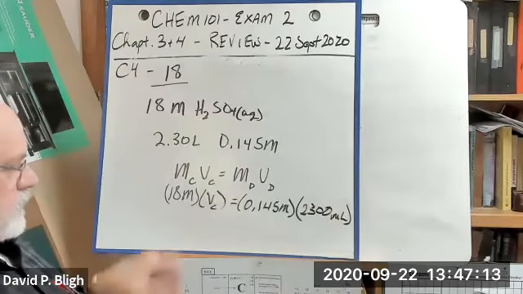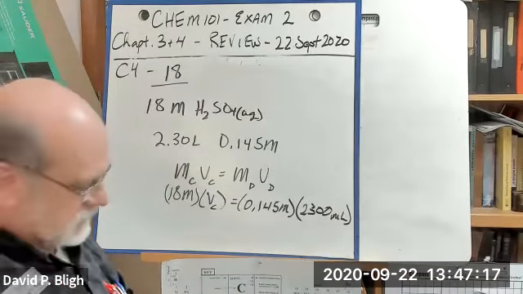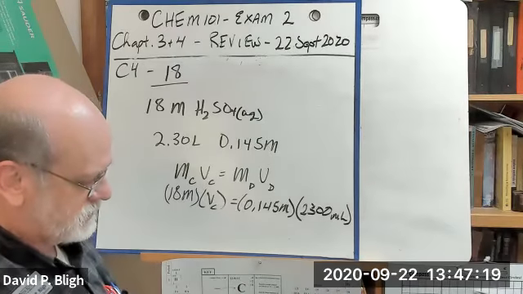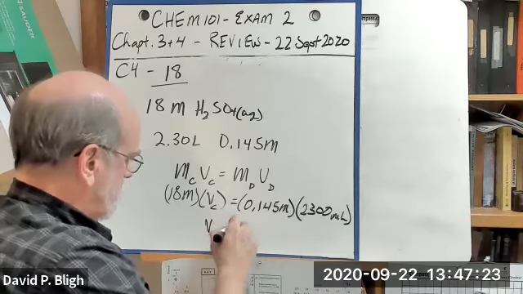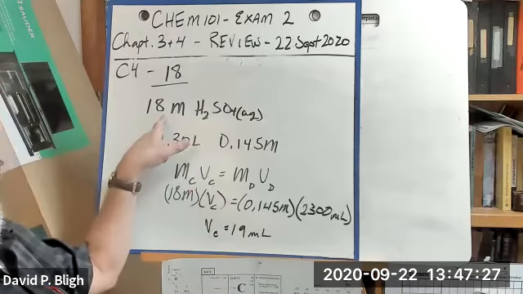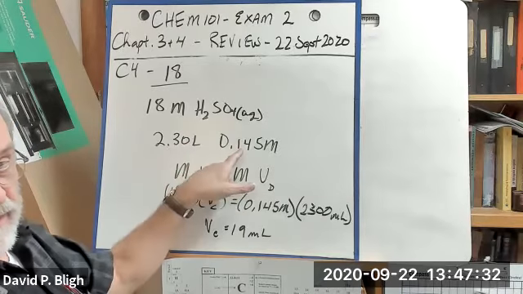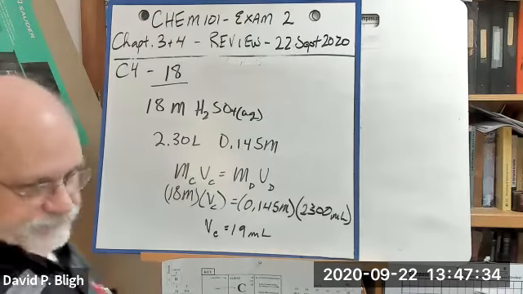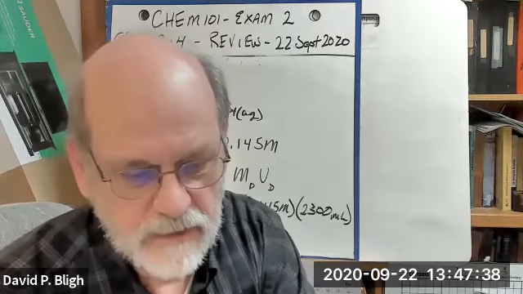And then solve for this one. So you just multiply that times that, divide by this, and you got your volume. And it should be 19 milliliters. 19 milliliters of that solution diluted to this volume will give you that concentration. All right? That was 18, which is A.